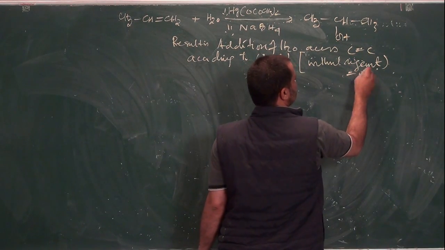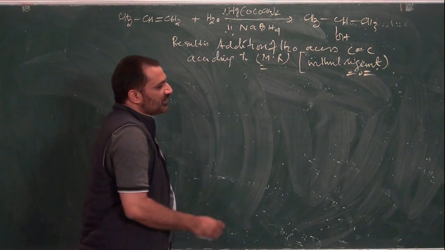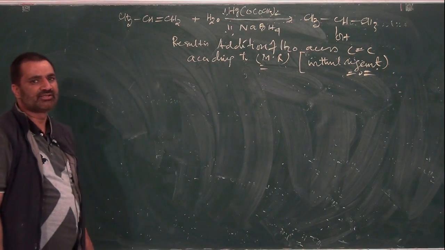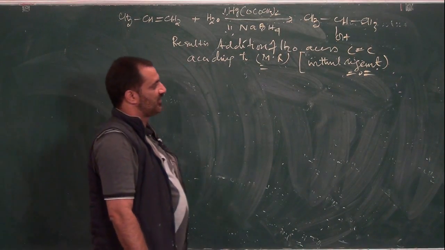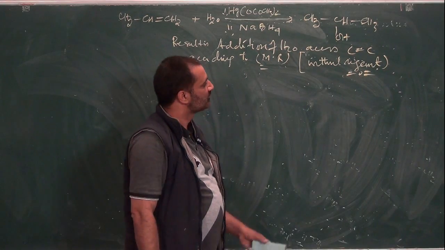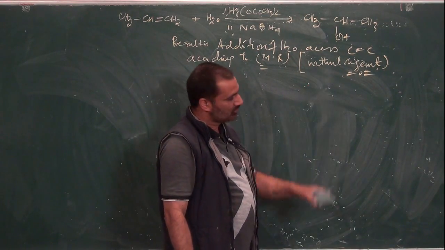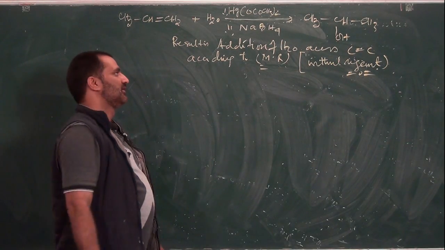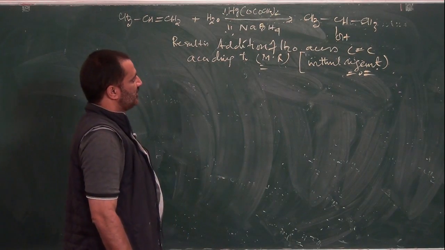A hint for the previous question which I gave you as homework: there the rearrangement possibility is there, and rearrangement will take place. That is known as the Wagner-Meerwein rearrangement. That is the hint for that question. So here there is Markovnikov's rule, but there is no rearrangement in oxymercuration, demercuration.